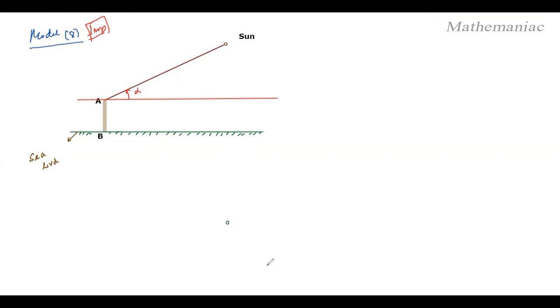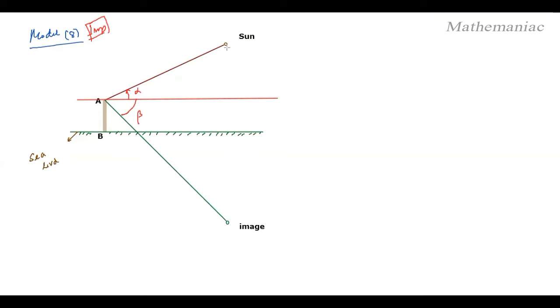Now, the image of the sun is also being viewed by that person from point A. So you join this so that we can say what the angle of depression is here also. Suppose that angle of depression is beta.